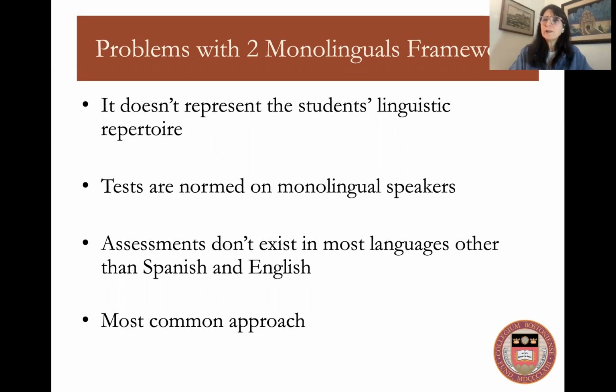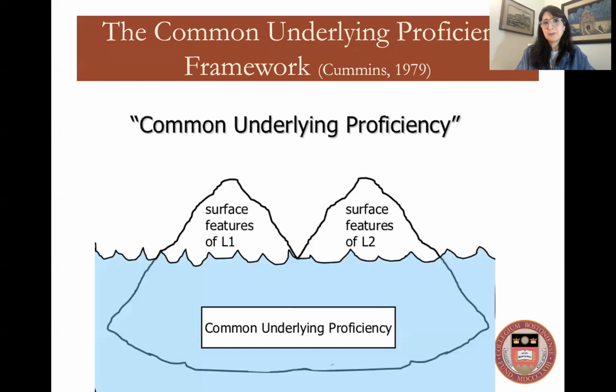So all this presents a problem if we go by this framework. Then also the assessments do not exist in every language. So when we want to get an idea of the other monolingual within the person, we usually have that issue that we cannot really get the information on that second monolingual in the person.